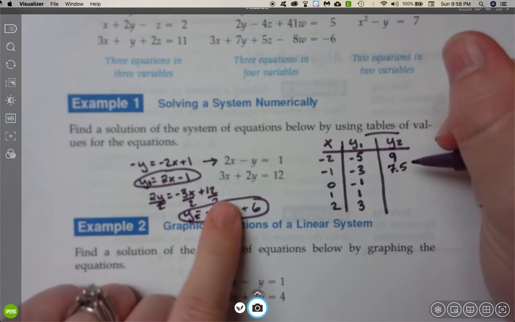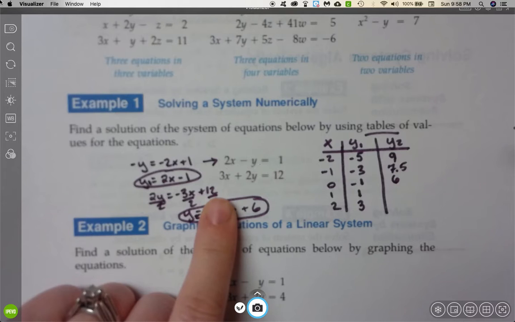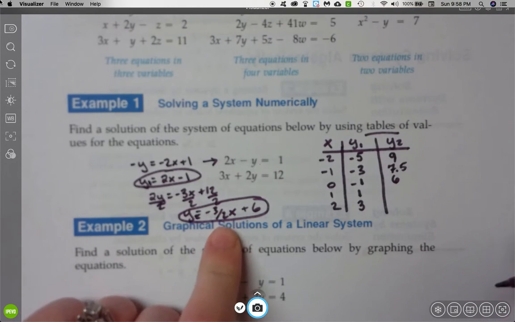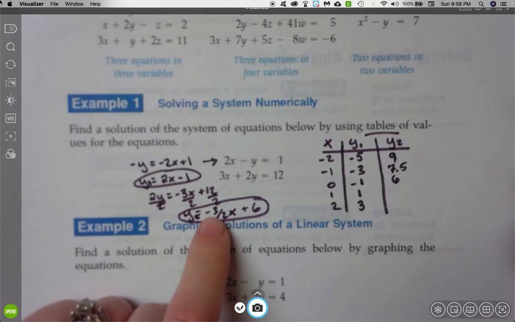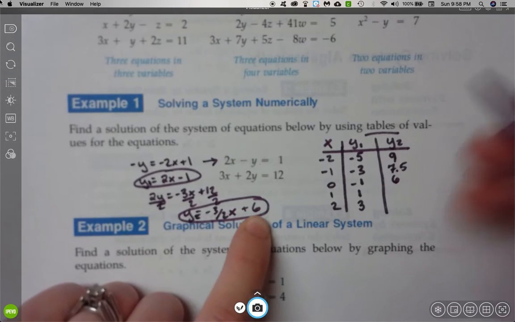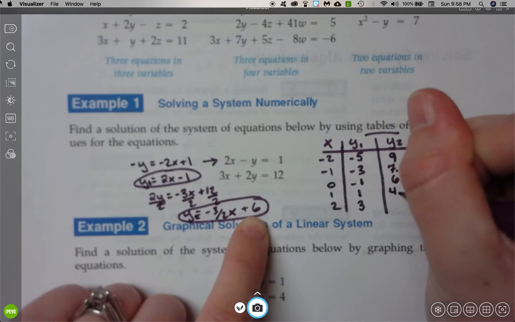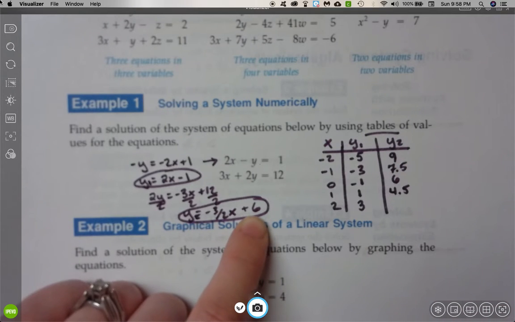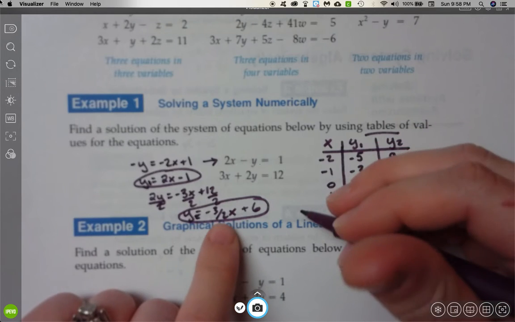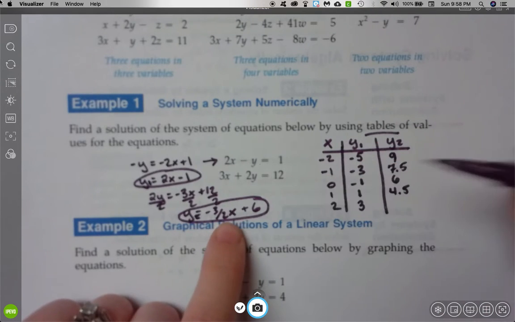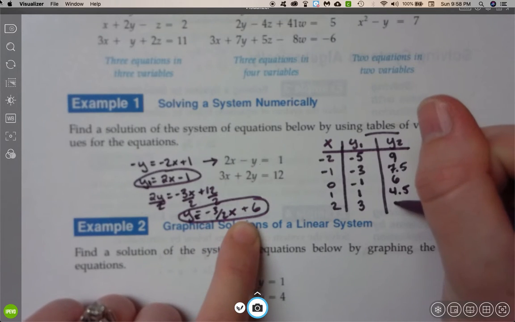If I plug 0 in, there we go, that's a nice number, 6. None of these are matching up, none of those y coordinates are matching up. I hope I picked the right numbers. Plug 1 in, we get -1.5 plus 6, so 4.5. I'm going through this kind of fast, but we're just plugging numbers in. If I plug 2 in, this would be -3 plus 6, which is 3.